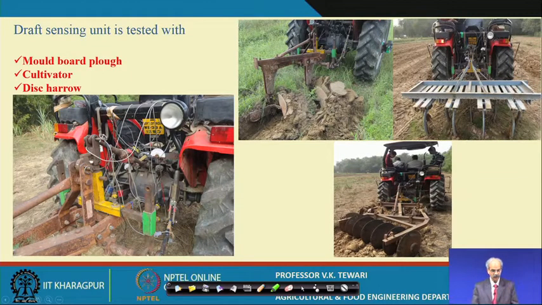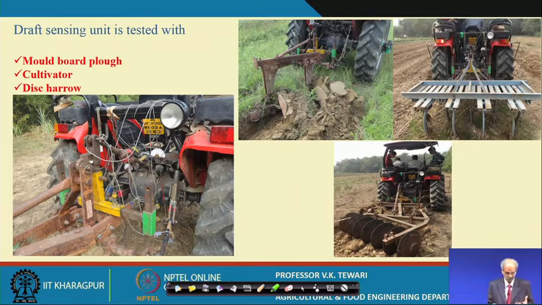Draft sensing unit is tested with mold board plow, cultivator and disc harrow. Now, you can see here that the draft sensing unit which we have tested with respect to the different tillage equipment. It is very essential to test them with the equipment which require larger forces.